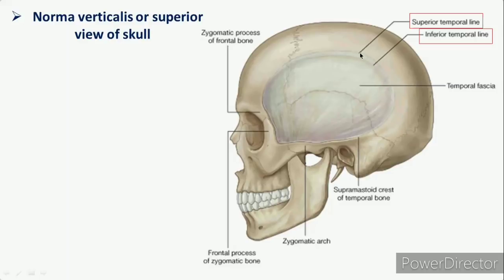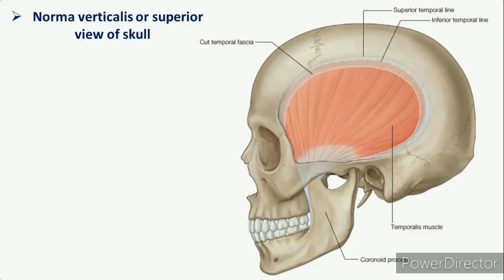The inferior temporal line is continuous anteriorly, and it goes up to the supramastoid crest of the temporal bone, and the superior temporal line fades when we trace it posteriorly. That is about the temporal lines. The temporal line gives attachment to the temporal fascia, and underlying this is the temporalis muscle in the temporal fossa. When we see norma lateralis, then we will study it.